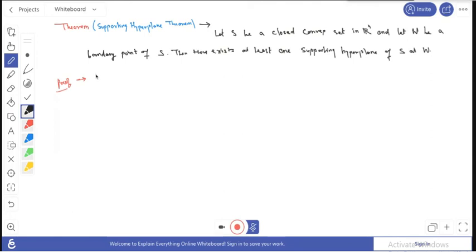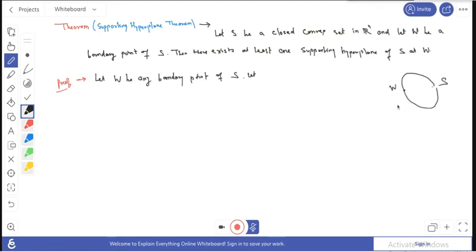So here we assume that W be any boundary point of your set S, and this set is basically S, okay, and we take W as any boundary point of this.